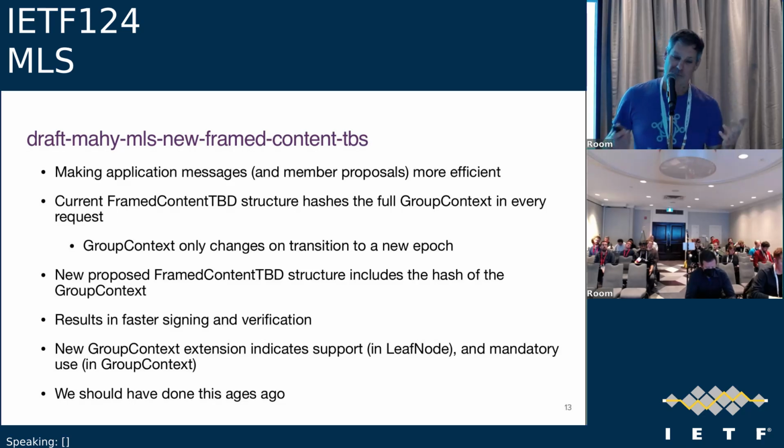So the idea here is that rather than put the group context in the framed content TBS, we put a hash of the group context in the framed content TBS. And then we need an extension to negotiate using this instead of doing the normal thing. That's all there is. I think it's pretty simple.